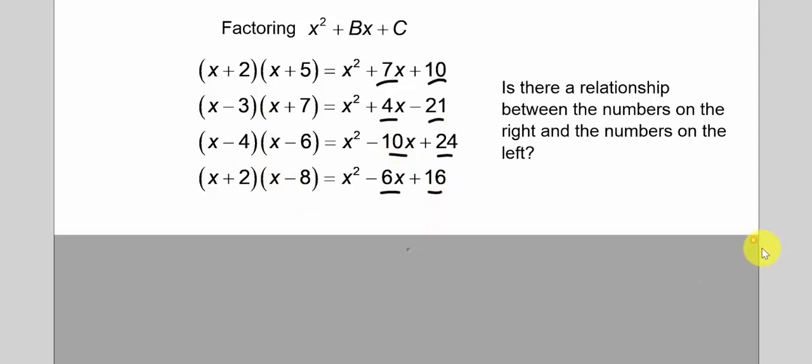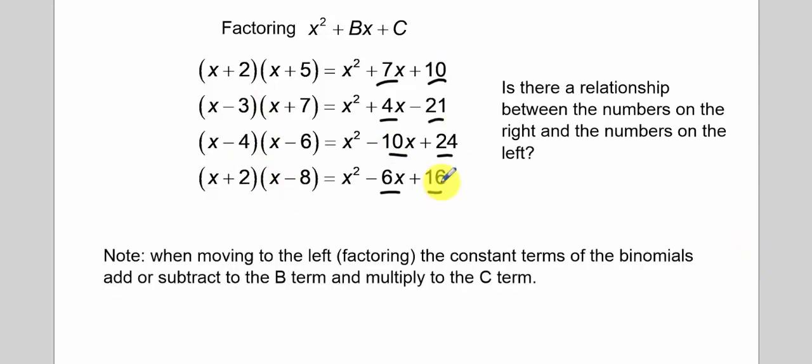If you think a minute, you'll see that in each of these cases, when we move to the factored form, the broken down form, these two terms add to the b number and multiply to the c number in every single instance. So 7 when we add, 10 when we multiply, +4 when we add, -21 multiply, and so on and so forth.